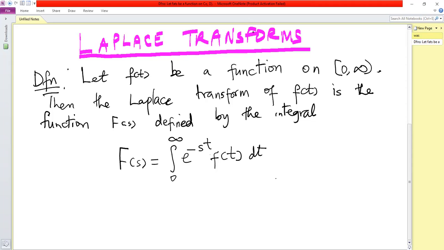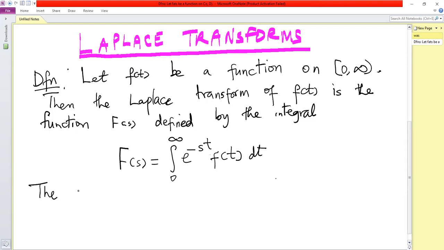This is how we define a Laplace transform of function f of t. The function should be defined on the interval 0 to infinity. Then the Laplace transform of this function f of t is another function capital F of s defined by this integral from 0 to infinity of e raised to minus st times the function f of t dt.